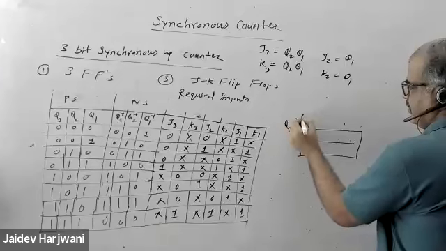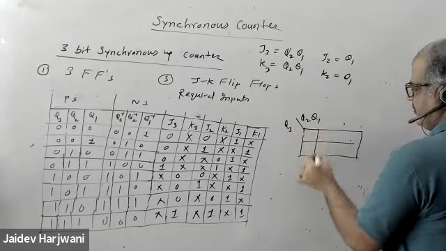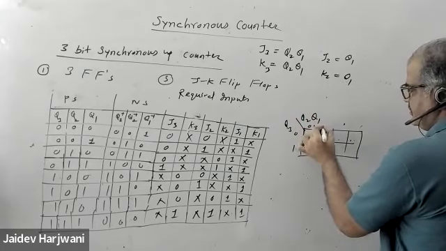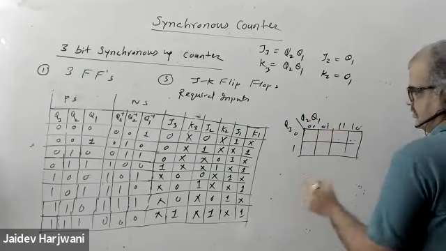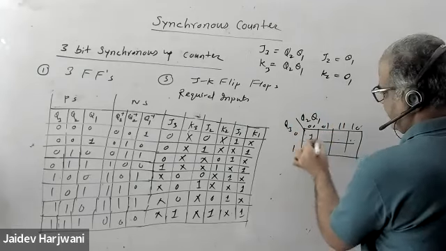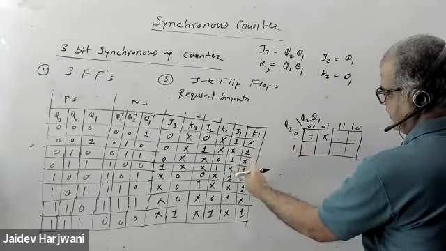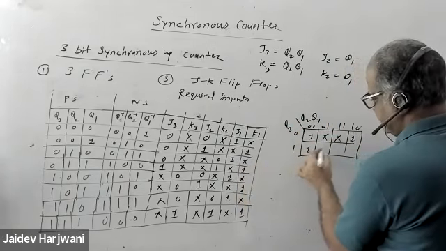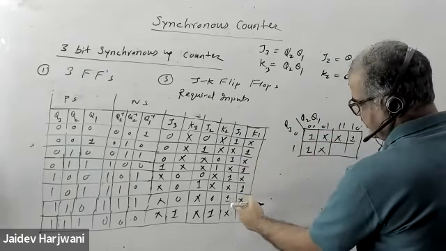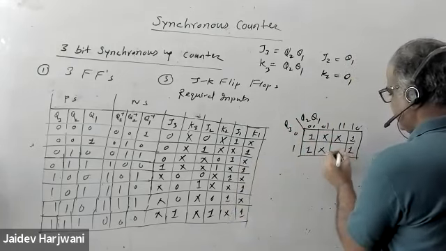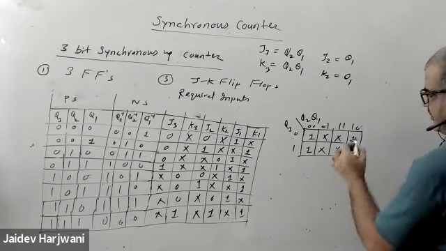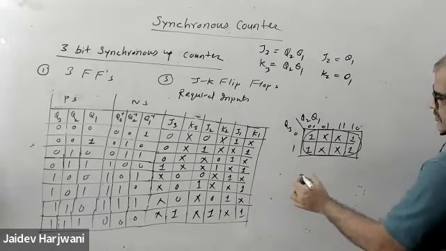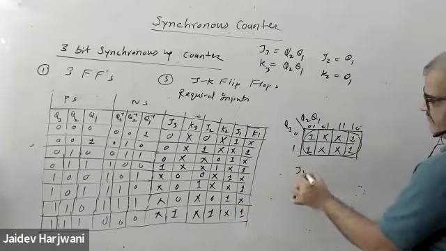Q3, Q2, Q1 are the variables, with values 0, 0, 0, 1, 1, 1, 1, 0. So you have 1x, 1x, and 1x, and you can make one pair, an octet. So J1 will come out as 1.